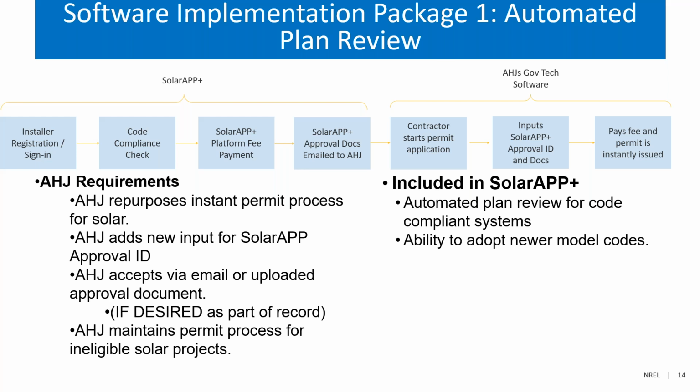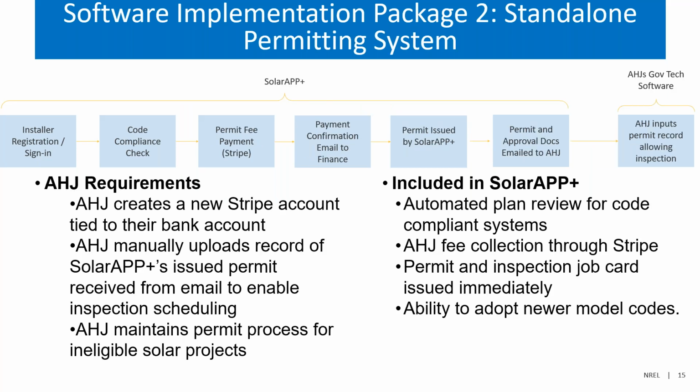So SolarAPP Plus would do the automated compliance checks and plan review, and then the contractor would take that information, upload it into your jurisdictional permitting system. They'd get a permit record and a permit job card just as they would get today, except the key here is that you did not, as a jurisdiction, have to do a plan review, which is huge because that's a lot of time savings, which I'll get into in a second.